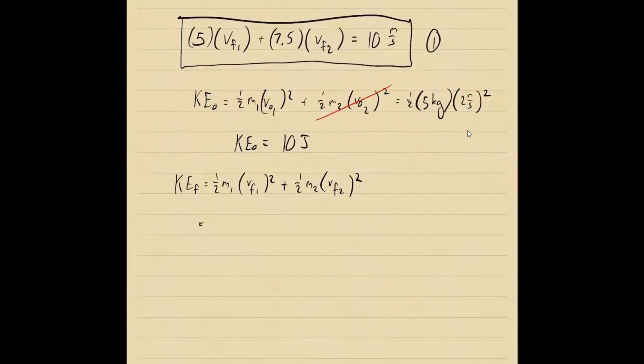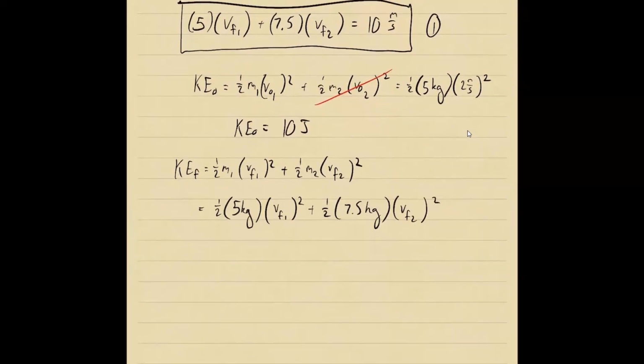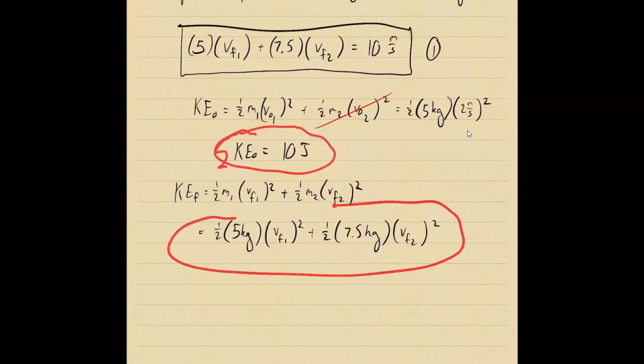So this is going to be 1/2 times m1, which is 5 kilograms, times the first ball's final velocity squared, plus 1/2 times m2, which is 7.5 kilograms, times the second ball's final velocity squared, right? And that's going to be our final kinetic energy. And we know, because this is an elastic collision, that by definition our initial kinetic energy is equal to our final kinetic energy.